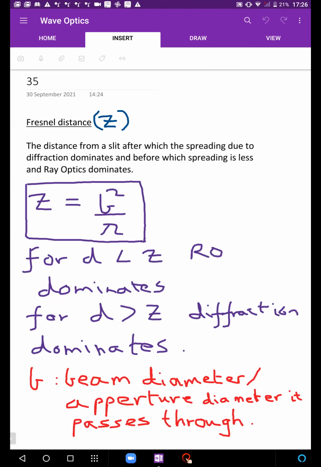Ray optics more or less dominates. You can say the images formed are more or less point sized. But if you are at a distance greater than the Fresnel distance, then diffraction dominates. Okay, b is the beam diameter, or basically the aperture diameter. Same convention as before. So the aperture diameter that it passes through.